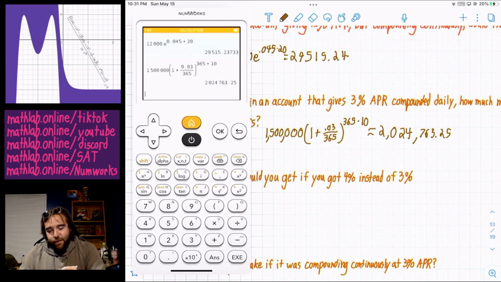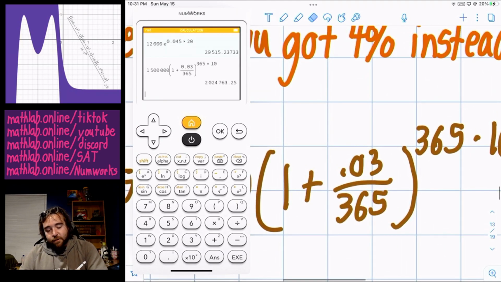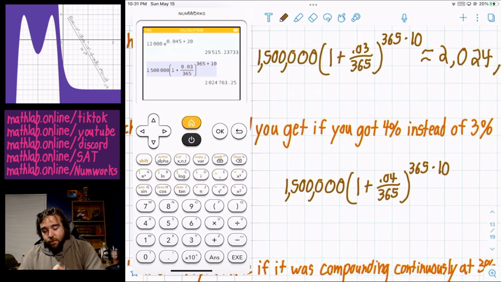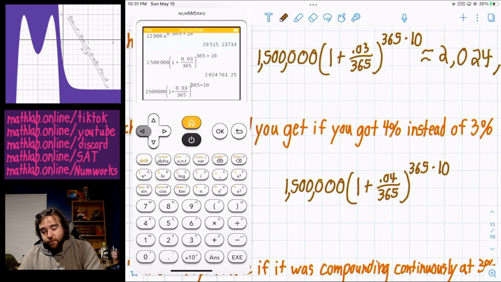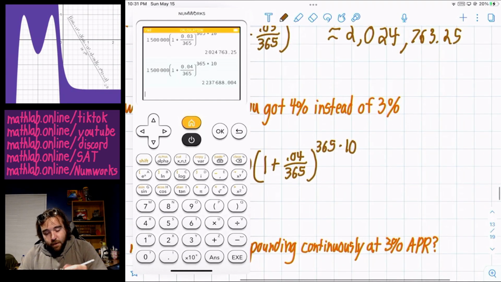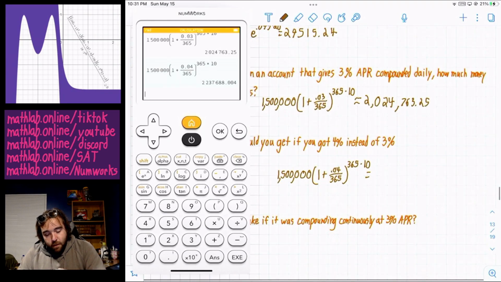And then it says, what if we got 4% instead? I bet that's going to be a pretty big difference. So it's going to be exactly the same here, except for a 4. So we'll do that, but put a 4 here. And what does it say?